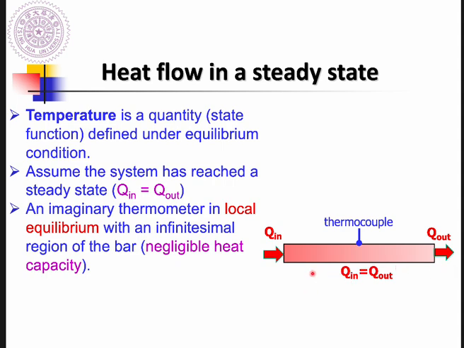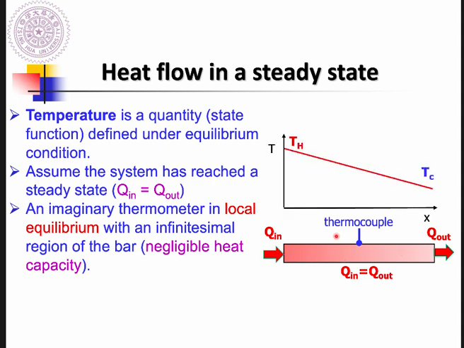The amount of heat flowing into this material equals the amount of heat flowing out of this material system. So the metal bar just serves as a heat transporter. This metal bar does not store any heat.